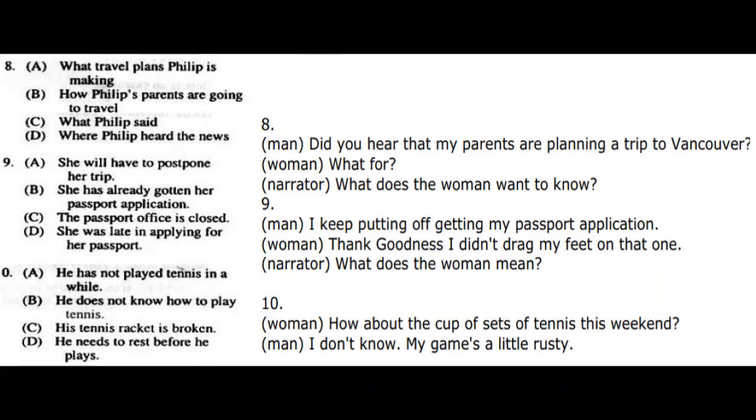Number 9. I keep putting off getting my passport application. Thank goodness I didn't drag my feet on that one. What does the woman mean? Number 10. How about a couple of sets of tennis this weekend? I don't know. My game's a little rusty. What does the man imply?